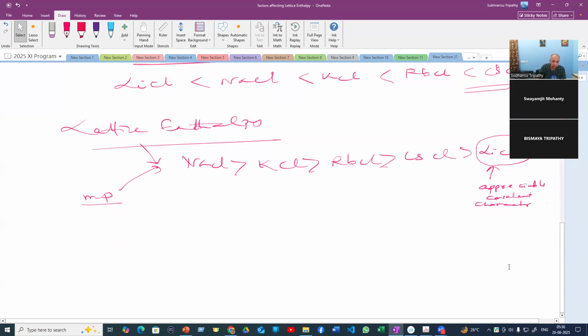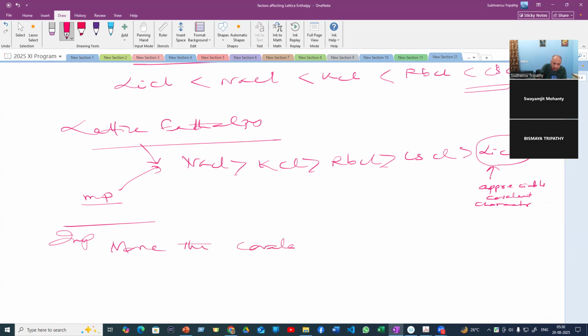So we have to remember two things. The more the covalent character, the less is the melting point.